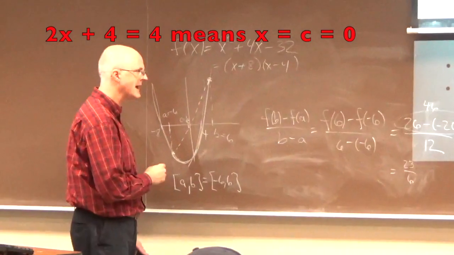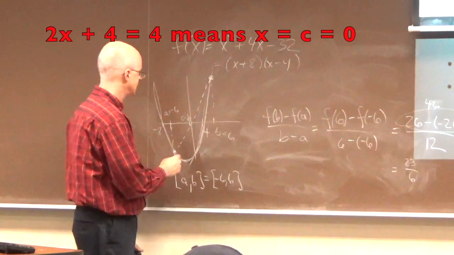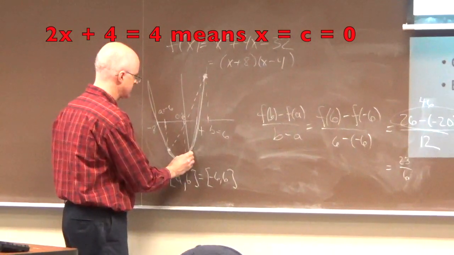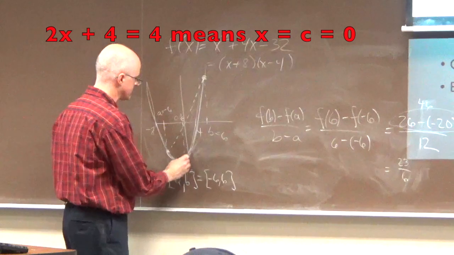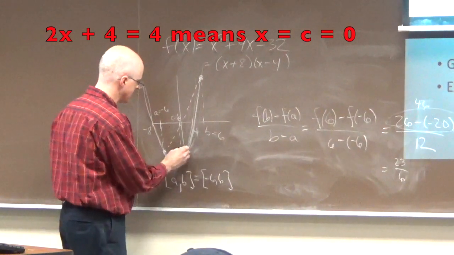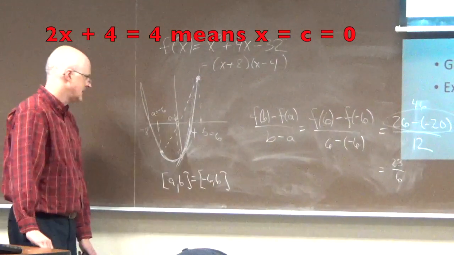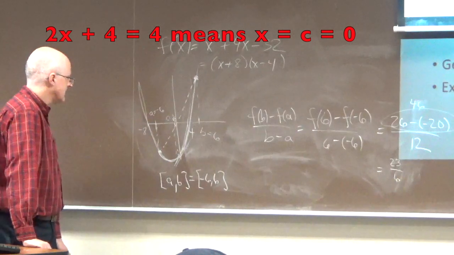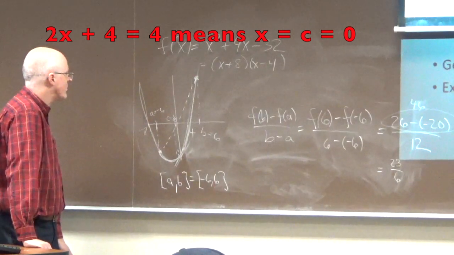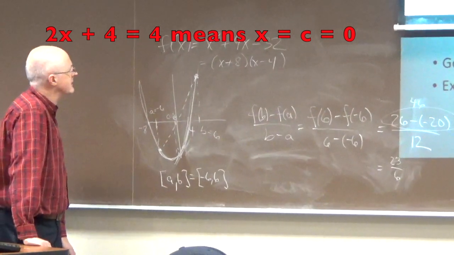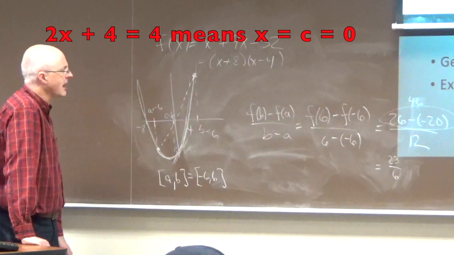So I've not made a mistake, at least. That's the value where the slope of the tangent is the same as the slope of the secant. Now I'm not drawing it perfectly, so it's hard to say. Does that look right? Does anybody see any mistakes? I may have made a mistake. I hope I didn't.